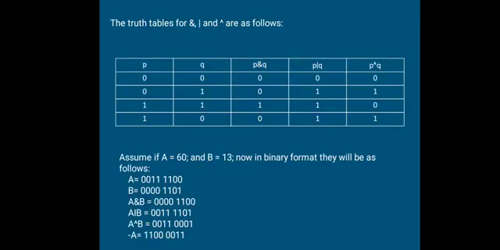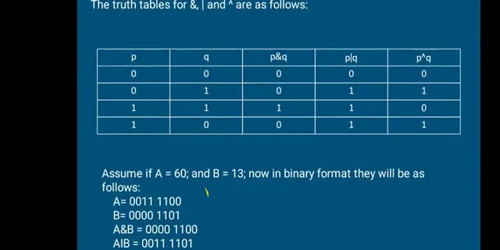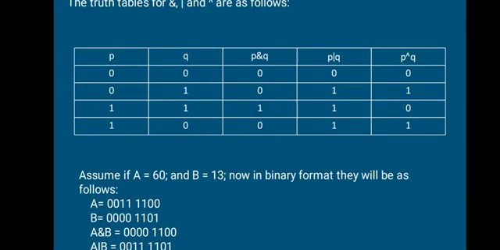And here if you see the truth table, let us take P and Q as the bits. Let us take 0 as false, 1 as true. Then when I apply bitwise AND, when both the bits are 1, then the result is 1. In other cases, the result is 0.